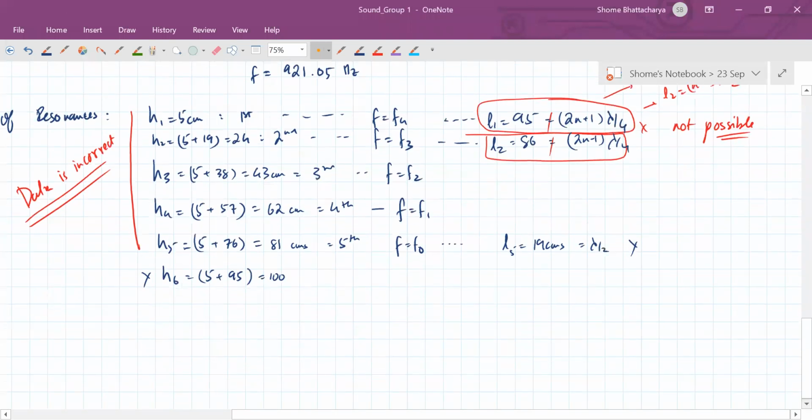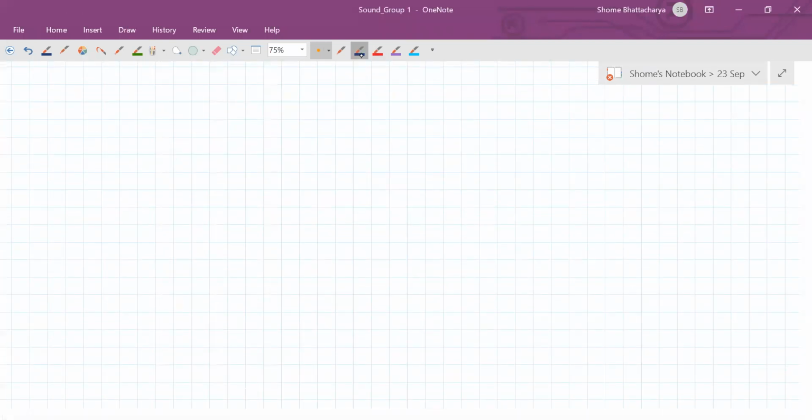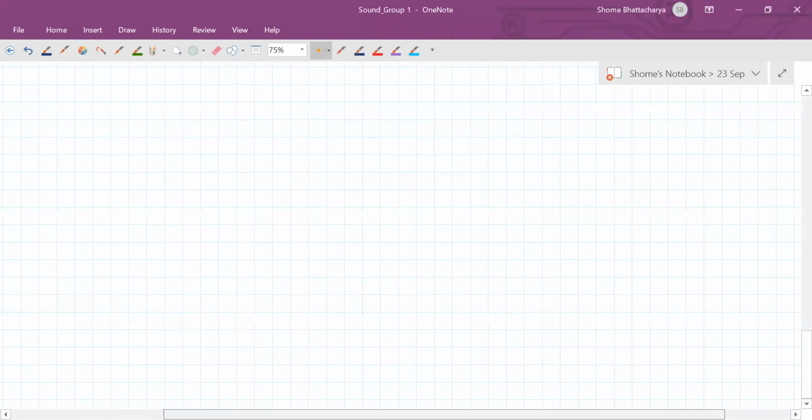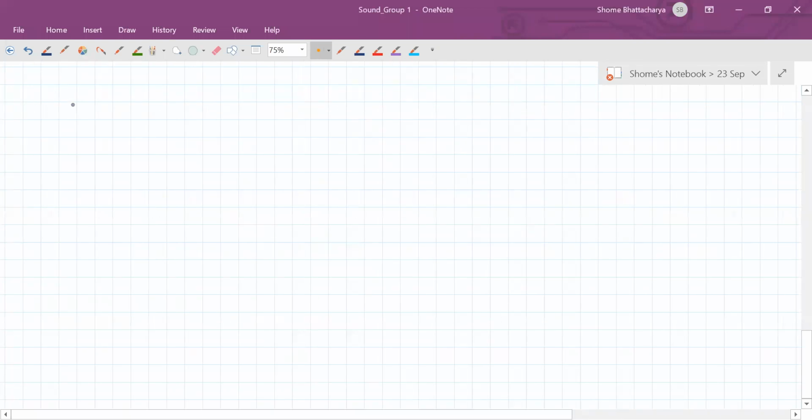So let's approach this question in a different way. So the first resonance is at h1 equal to 5 centimeters. Okay.